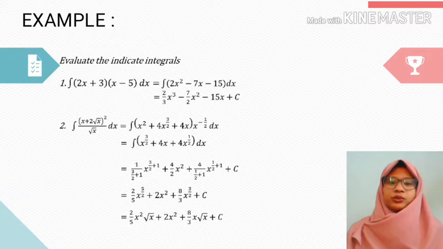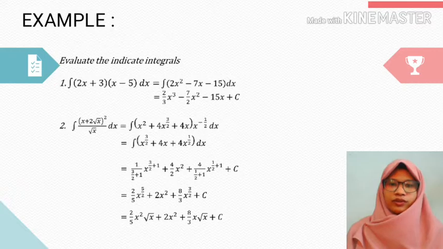From example 2, we can start by completing the square of (x plus 2 root of x) all squared. So we get x squared plus 4x to the 3 over 2 plus 4x. And then change the denominator, the root of x, into a numerator, that is x to the negative 1 over 2.